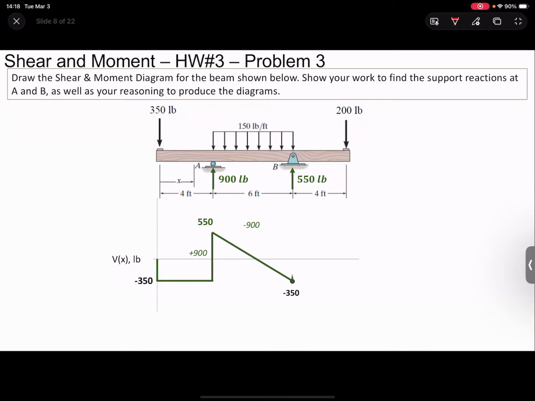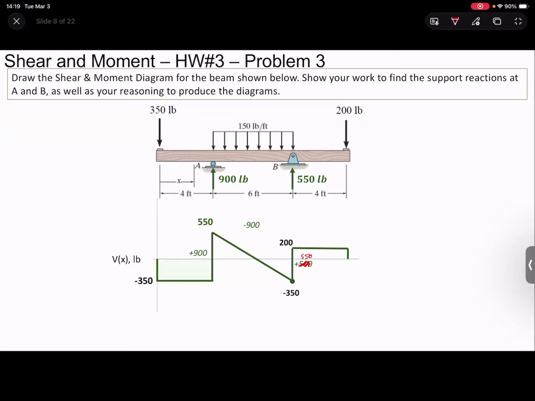And then right at point B, we get knocked back up. Sorry, this should be 550. It's plus 550 from the support reaction. I think that math is right. Yeah. And then nothing changes, and then 200 knocks us back down, and we're back at 0, right? So that's our shear diagram there.